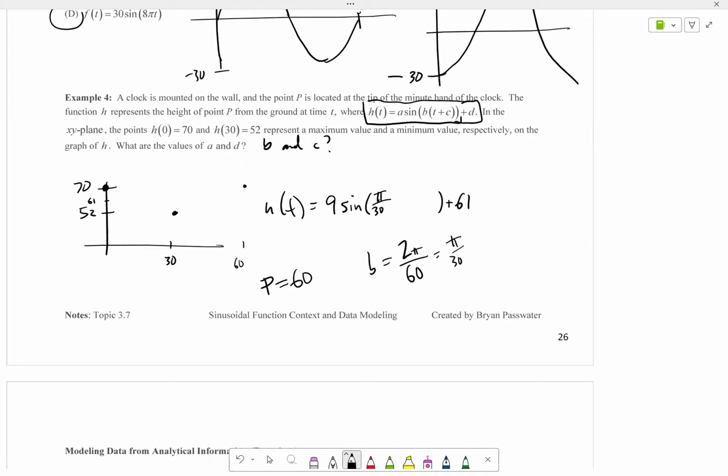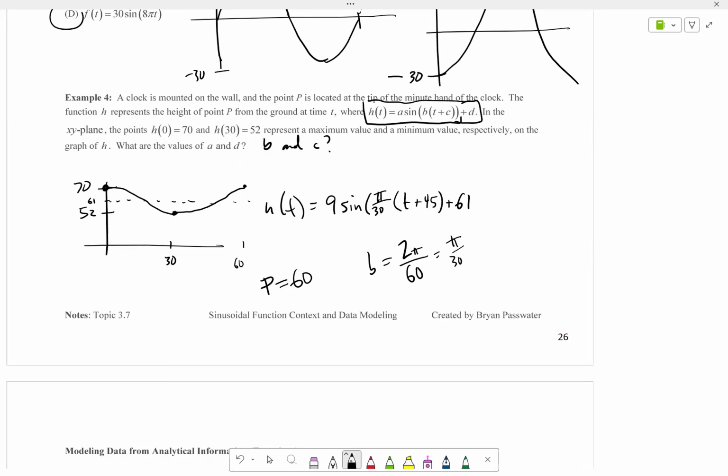I got a different answer for C. Very similar to what everybody else got, but I got t plus 45. When you draw out a cosine graph, it needs to hit the midline.